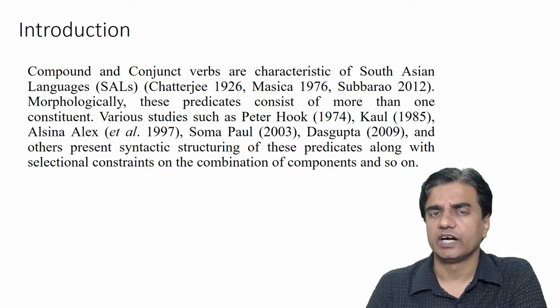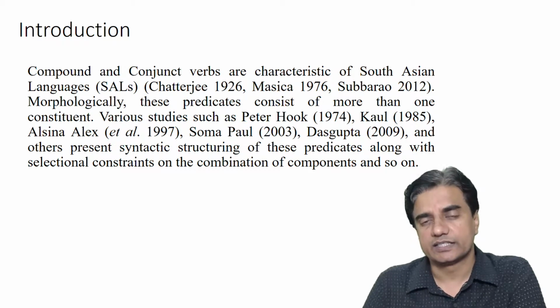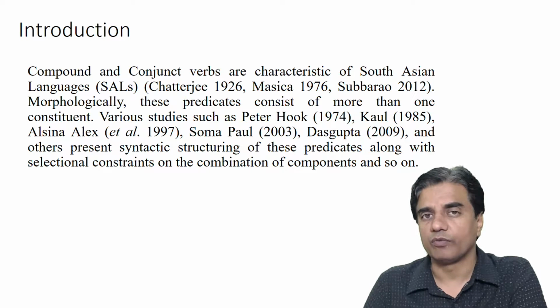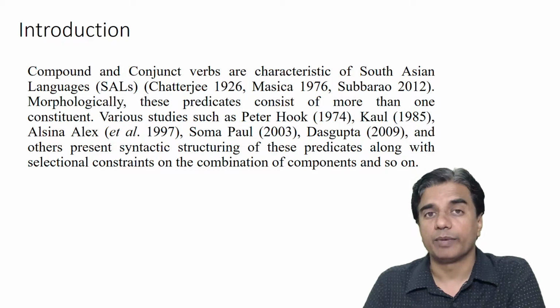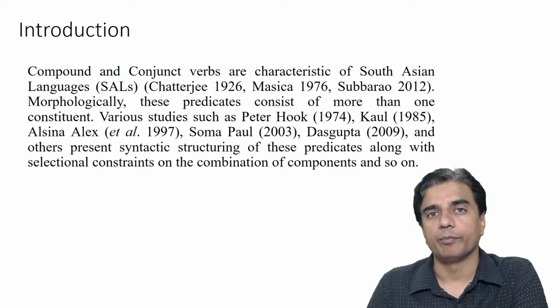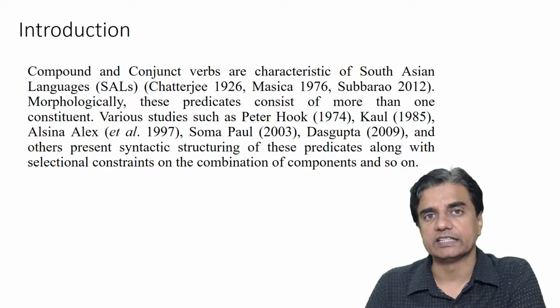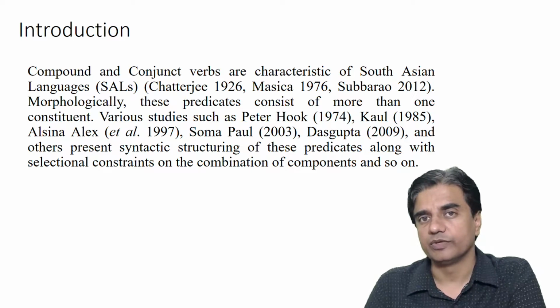Compound verbs are also known as complex predicates. So here is the time to look at a simple description of what we mean by complex predicate, which involves both compound verbs and conjunct verbs. So complex predicate is a cover term for both.